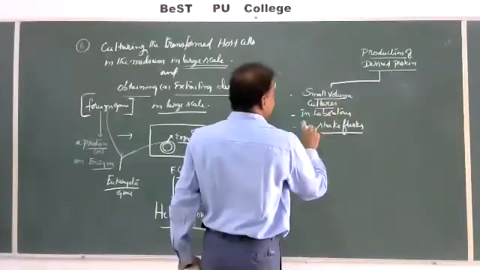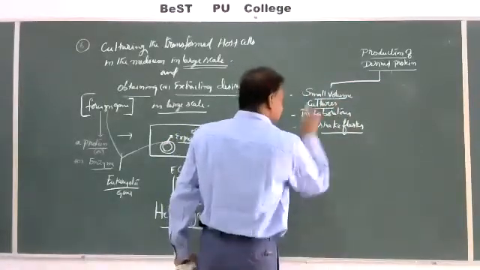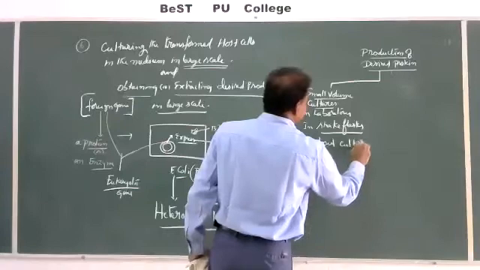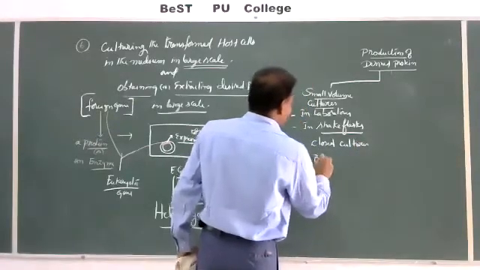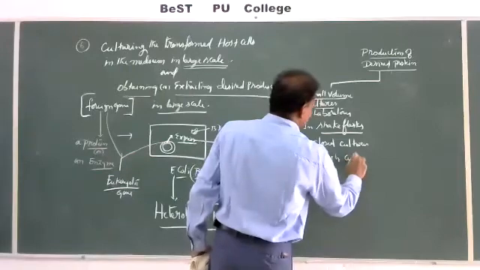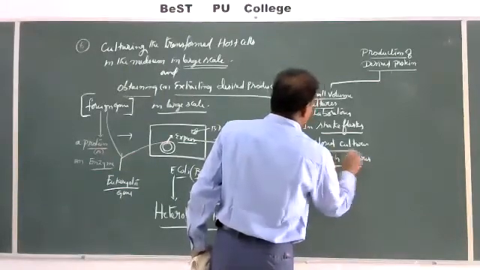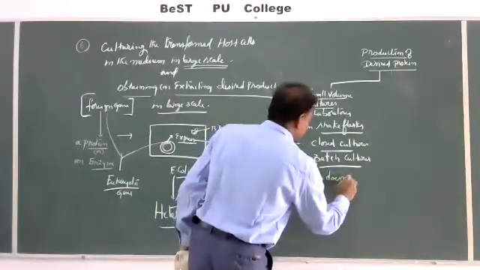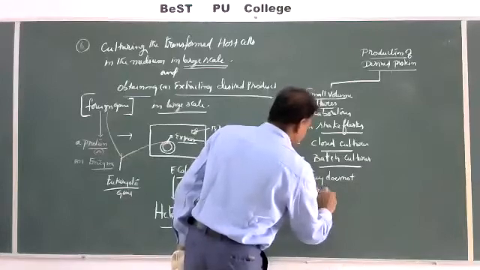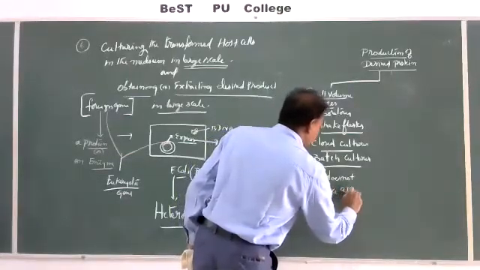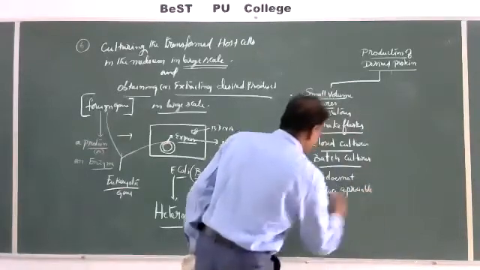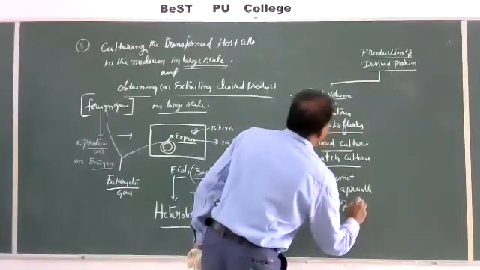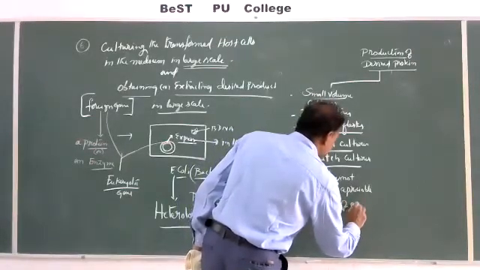Small volume cultures in the laboratory are called closed cultures, batch cultures. They do not produce appreciable amounts of desired protein products.